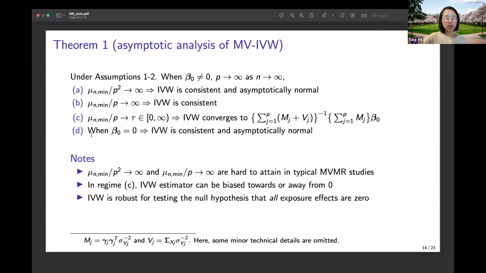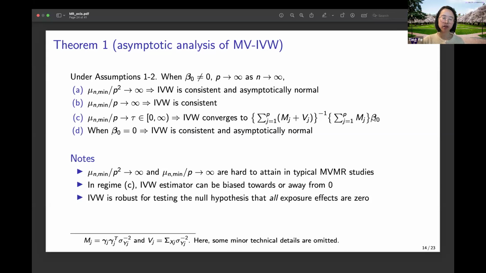Also we noticed that if we are testing the null hypothesis that all the exposures have 0 effect on the outcome, then IVW is pretty robust. And this agrees with the univariable IVW's result. And in regime C, the IVW can be biased either away or towards 0.